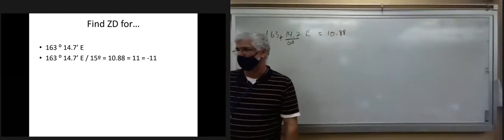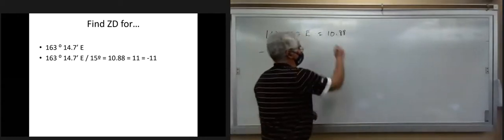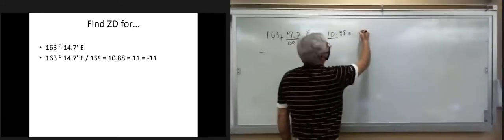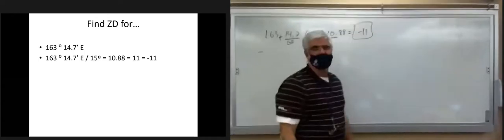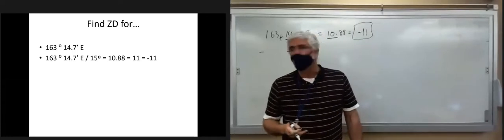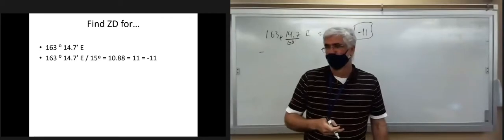So 10.88, what does that get rounded to? Well, we're going to round it to a whole number. 11. So it's 11, and it's east, it's minus. 163, 14.7 east is 11 minus.